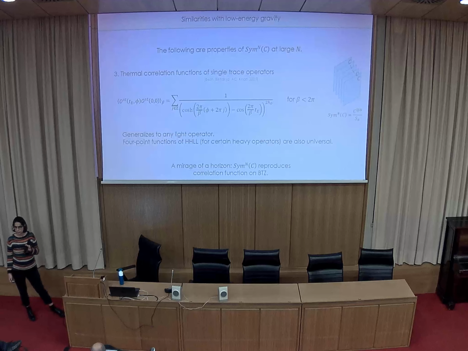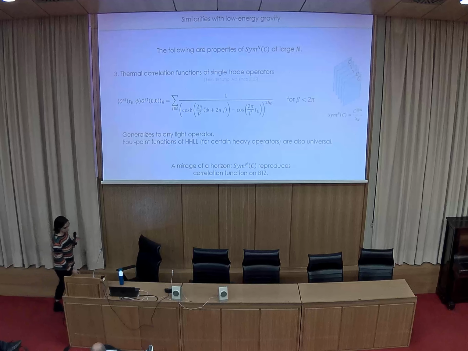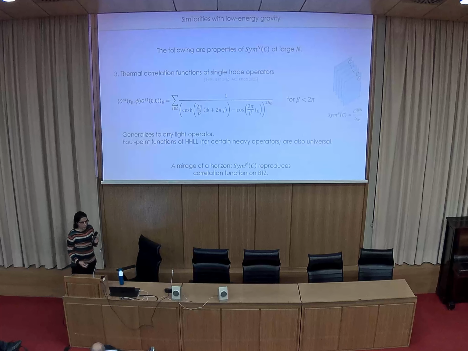These theories really do a really good job at trying to mimic gravity depending on the observable that you look at. And it gives you a lesson of what we should consider a stringent property of a CFT.